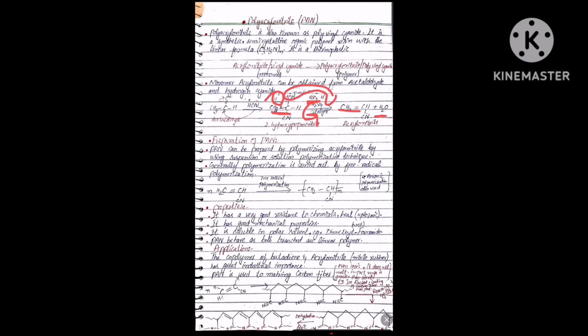Now the product which is formed is said to be vinyl cyanide or acrylonitrile.